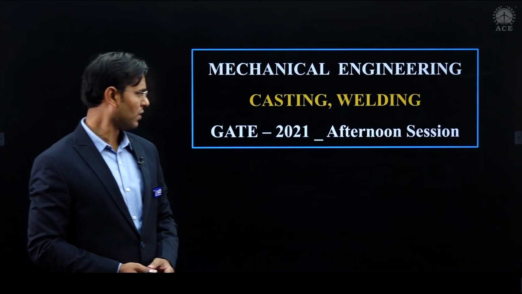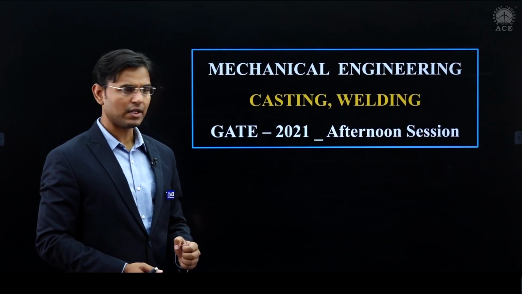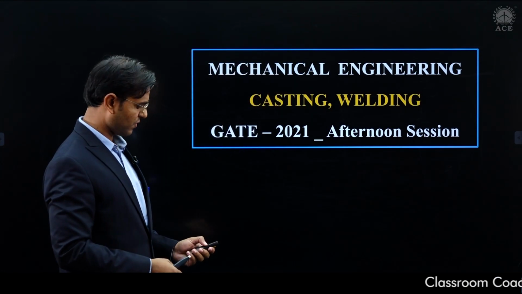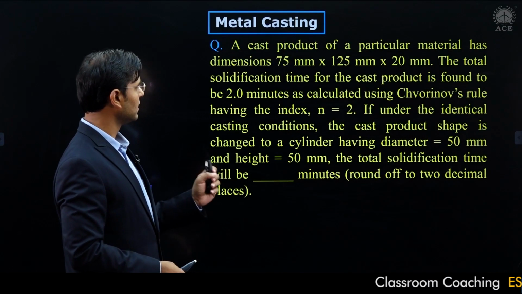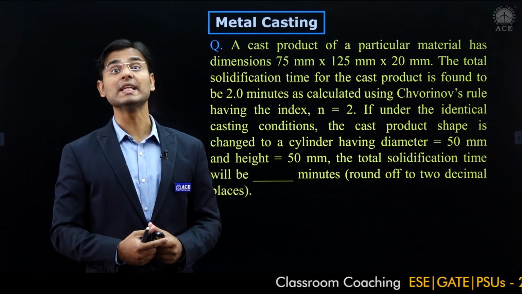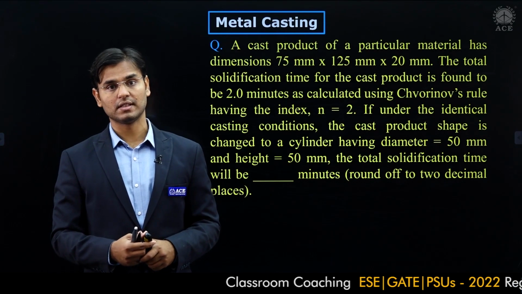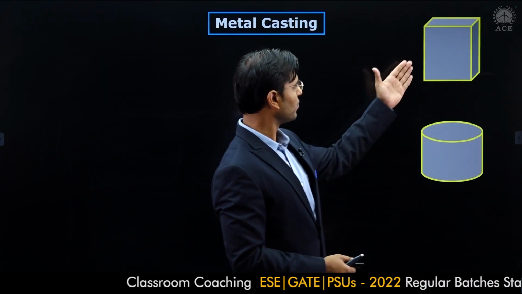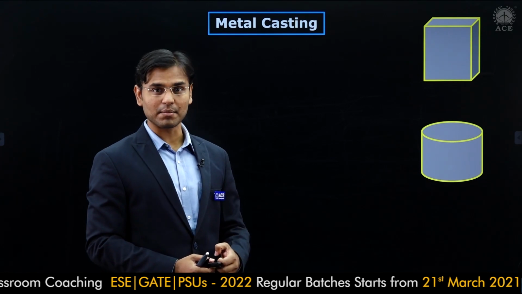Now see the solution of the casting and welding GATE questions asked in the afternoon session. Just see the first question asked on casting. Before starting, I want to say something about this question. Two volumes are given, the first casting and the second casting.